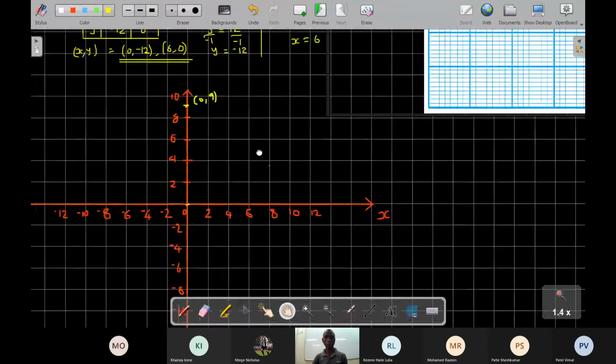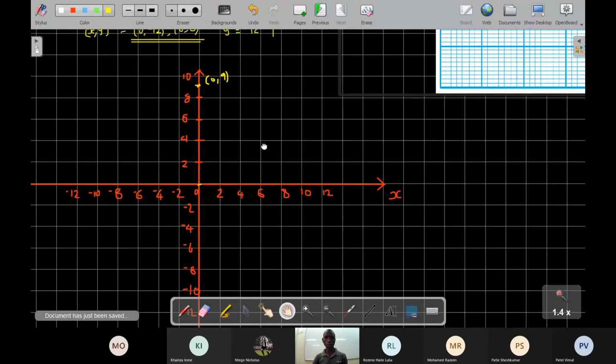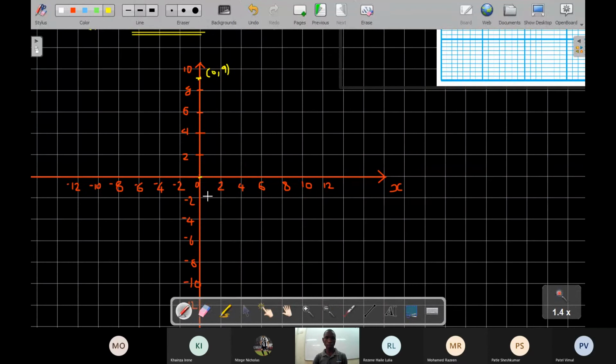Then the next point is 9, 0. I'm plotting now. So 9, 0: on the x-axis, positive 9 is between 8 and 10, so it is in the middle here.